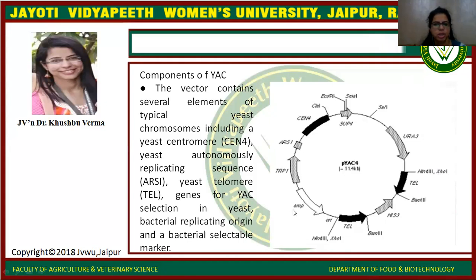This is origin of replication, ampicillin resistance gene and TRP1 region. URA3 region, this is also cutting region, and ARS1 region, which is known as autonomously replicating sequence, and CEN4 region means yeast centromere region. So these are the specific points present in yeast artificial chromosome.